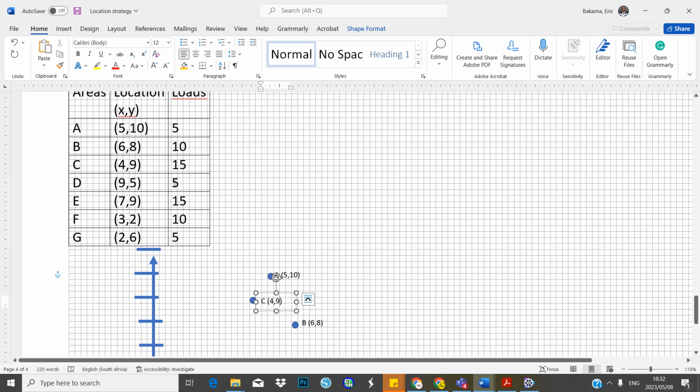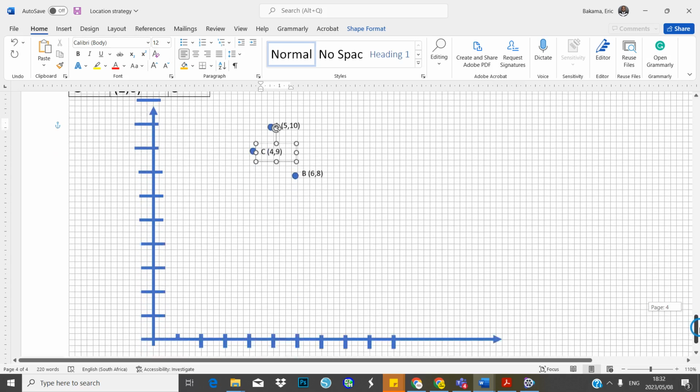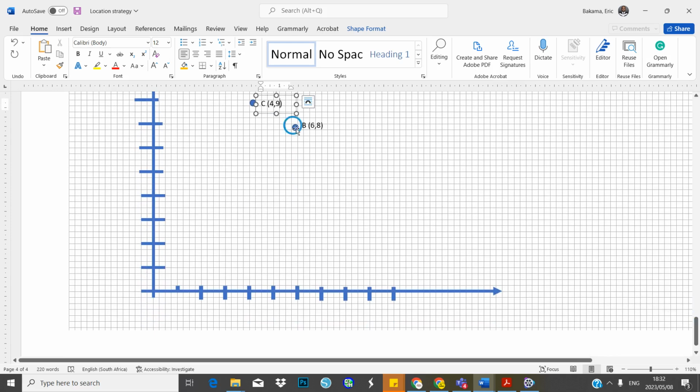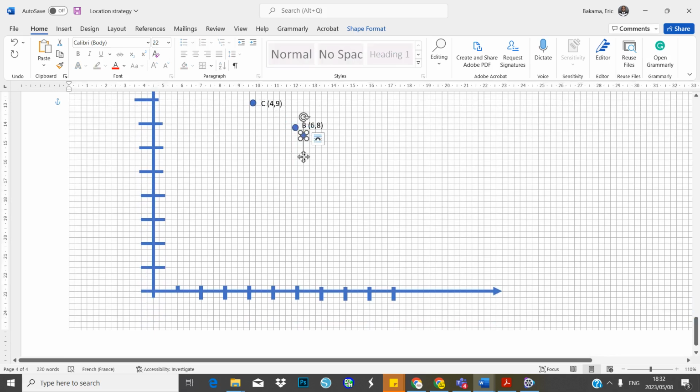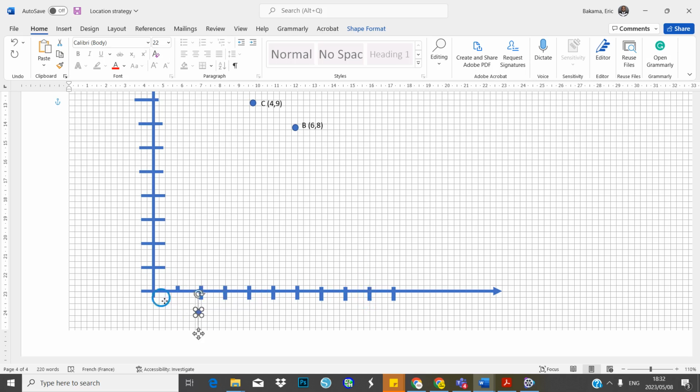Then I'm looking at D, which is 9 and 5. So 9 is going to be on X. That means 1, 2, 3, 4, 5. This is 10, this is 9. And then we have 9 and 5. So I have 1, 2, 3, 4, 5. So it's somewhere here.